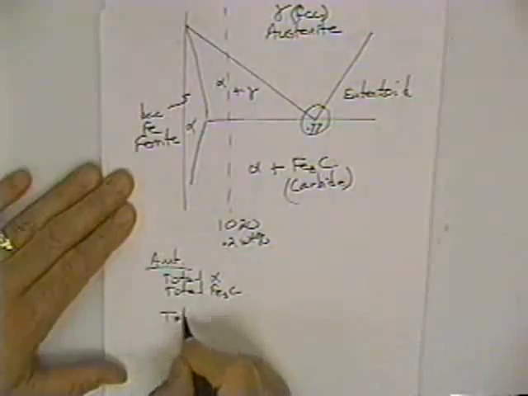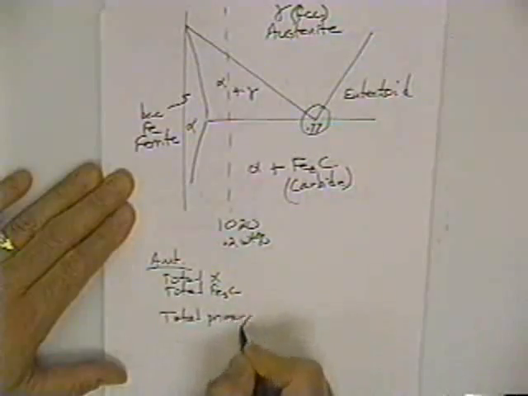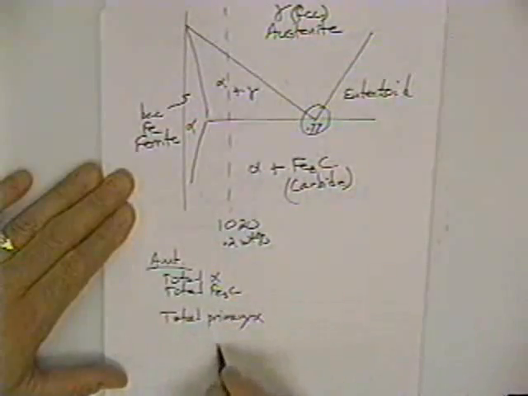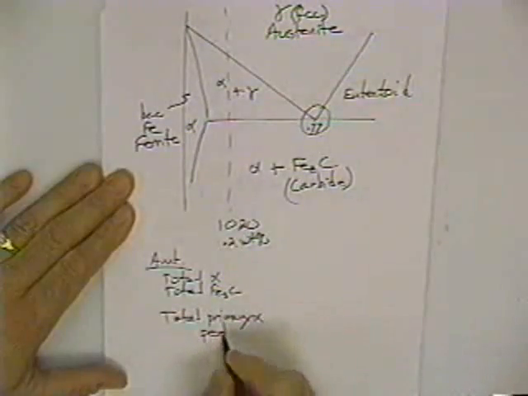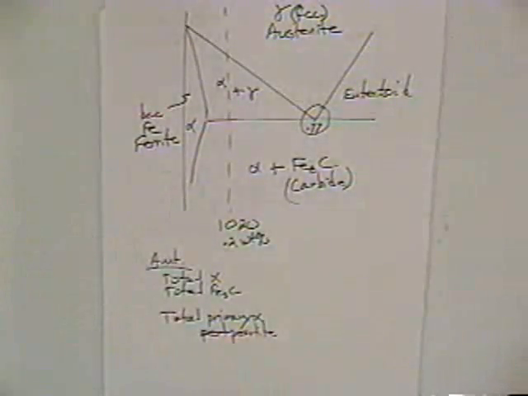And let's determine the amount of what's called primary alpha and the amount of perlite. Not pearl light, but perlite.